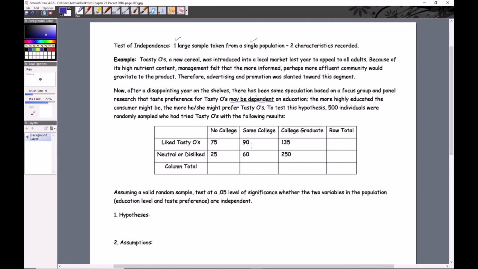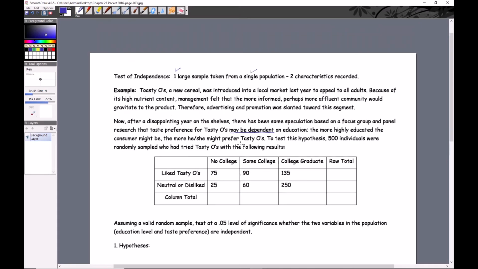Boom, right there. All right, so you're going to be looking for these key words. For example, related. If you see that word, is one thing related to another? That's asking about independence. Associated, that's another key word.